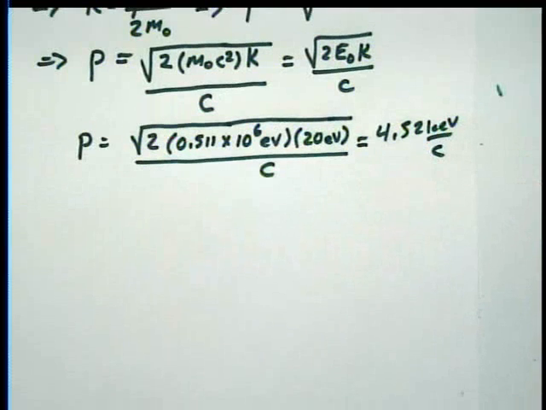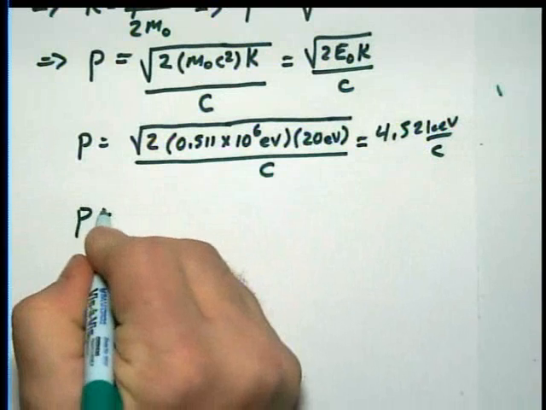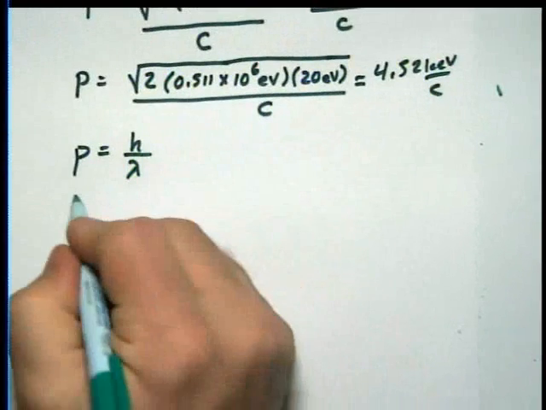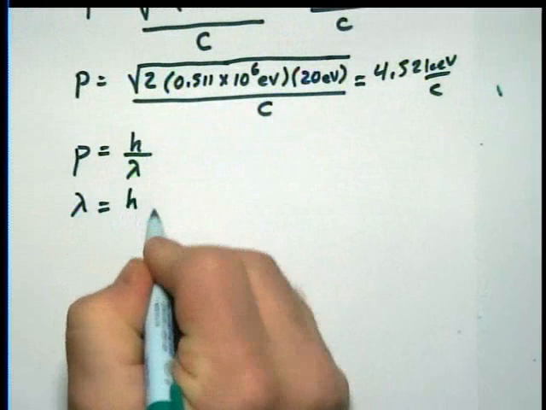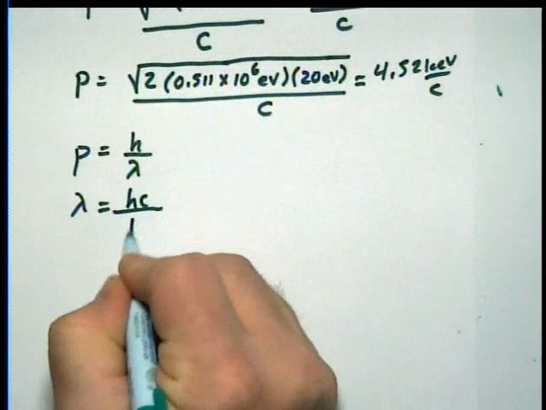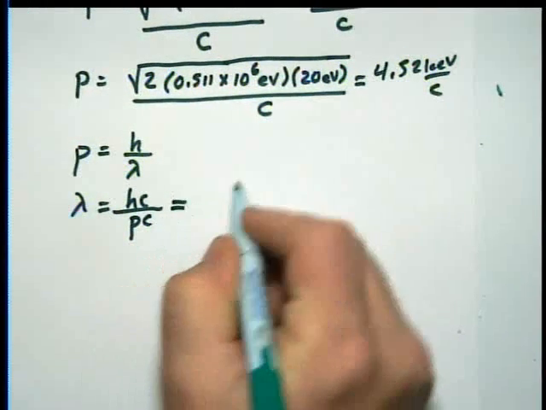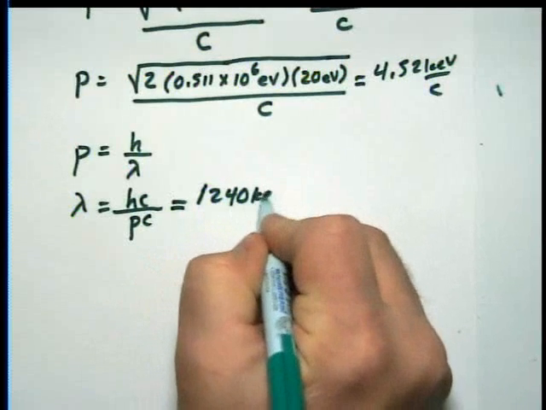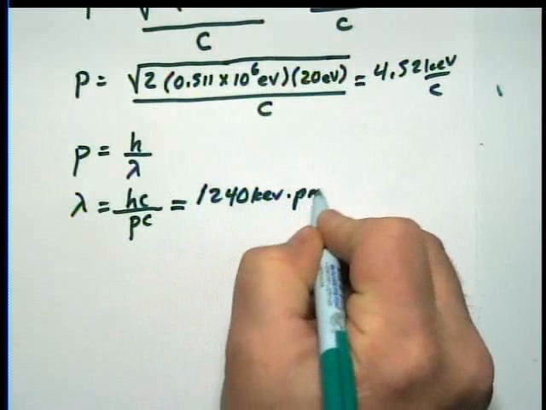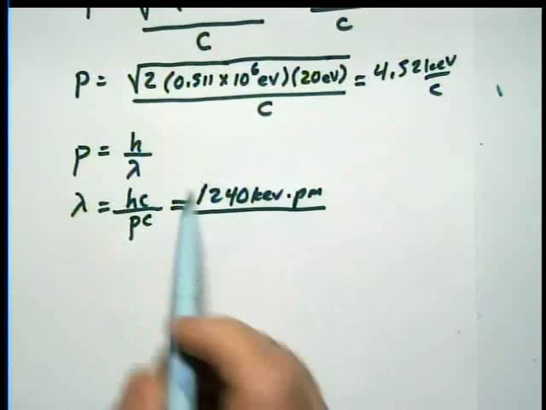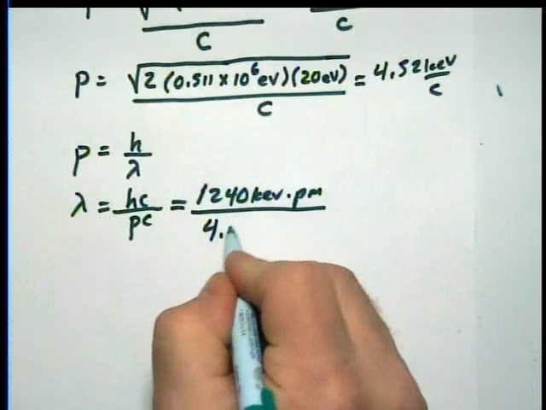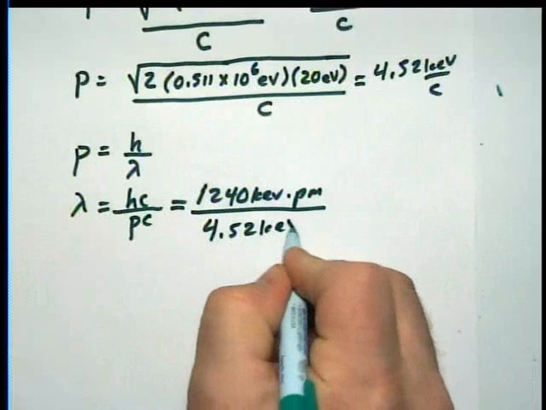All right. Then we have P is h over lambda, or lambda is hc over pc, if you prefer, whichever. And I get 1240 keV picometer. And when I multiply P by c, I get rid of the c: 4.52 keV.